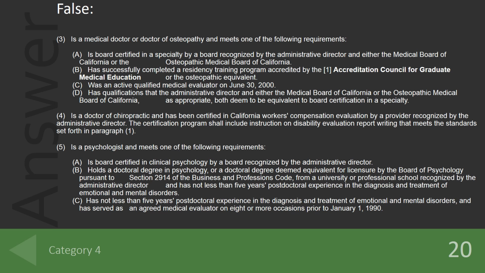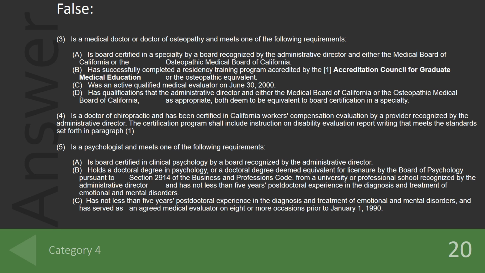Medical doctors are required to be board certified in a specialty by a board which is recognized both by the medical director and either the Medical Board of California for medical doctors or the Osteopathic Medical Board of California. So an important word within this description is the word "and." The board has to be recognized both by the Professional Licensing Board and then also by the Administrative Director of the Division of Workers' Compensation.